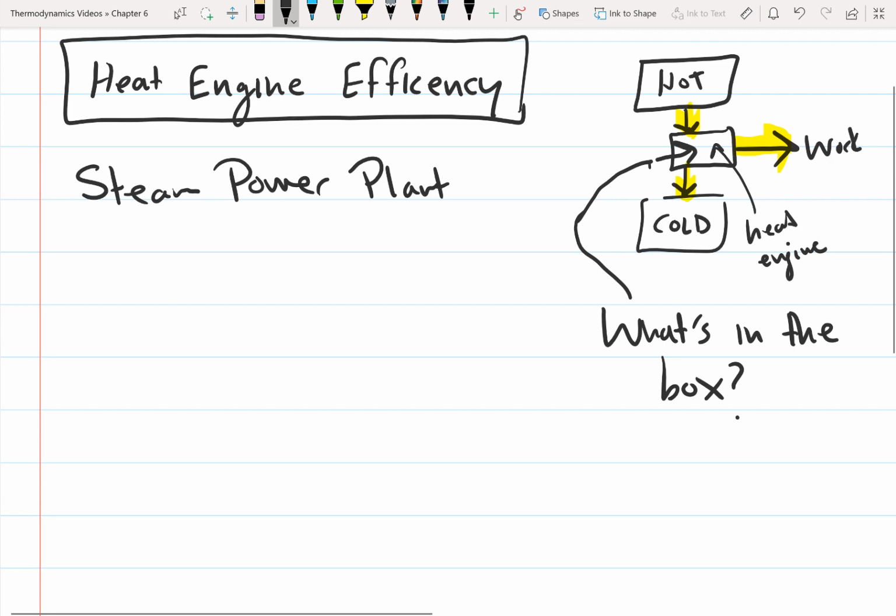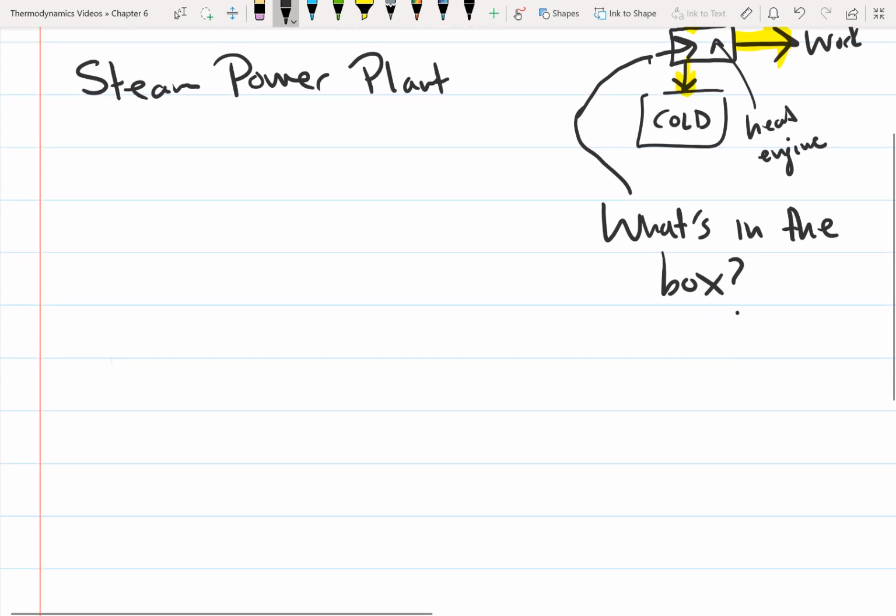What's meant by that is that the combustion takes place outside of the engine, and the thermal energy that's released from the combustion gases is transferred to the steam that is the working fluid for the power plant. I'm going to define the working fluid as basically the fluid that goes through the cycle, and that's going to make more sense in a minute. But let's look at a steam power plant.